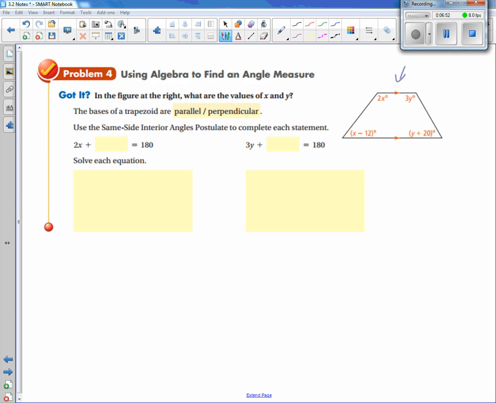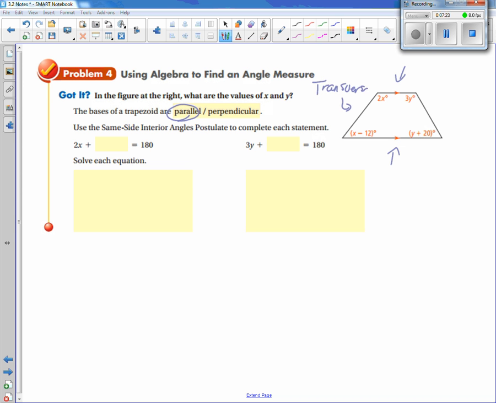Notice that arrow that I was talking about that signifies the parallel line, right? So instead of it telling us that these two lines are parallel, it's showing it to us through the diagram, okay? So the first question is, the bases of the trapezoid are parallel or perpendicular? Parallel, good. So if I look at these two parallel lines, I'm going to treat the sides as if they are the transversal, okay?